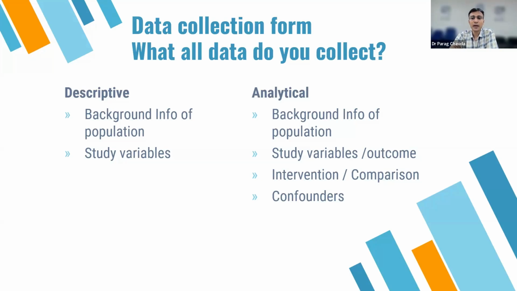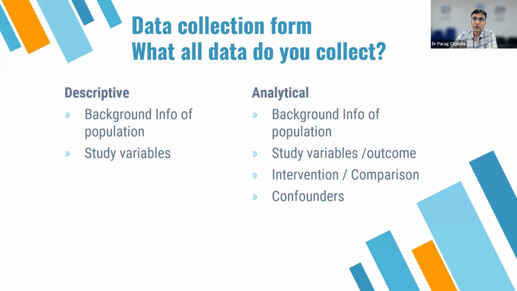The background information might also include the clinical information, such as, say, for example, the disease that the patient presents with, or the clinical severity of the disease, or something of that sort. Then, information on the study variable per se. In analytical studies, we do collect both of those, background information and information on study variables or outcomes.